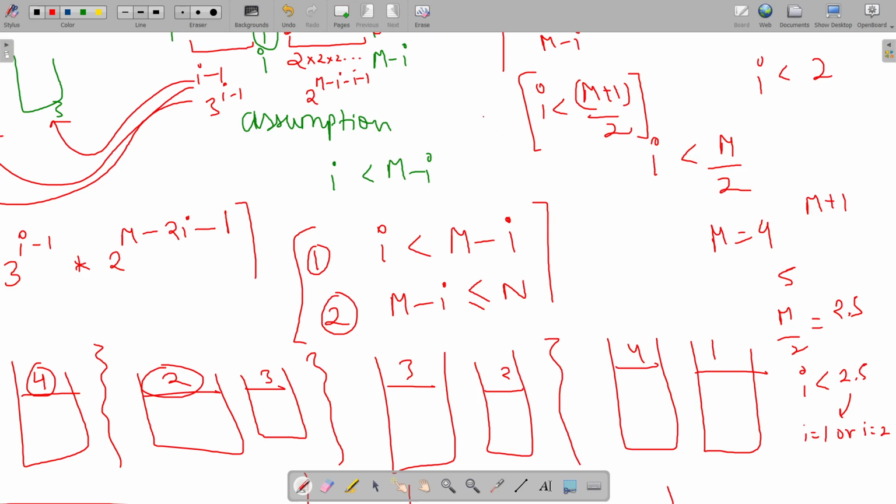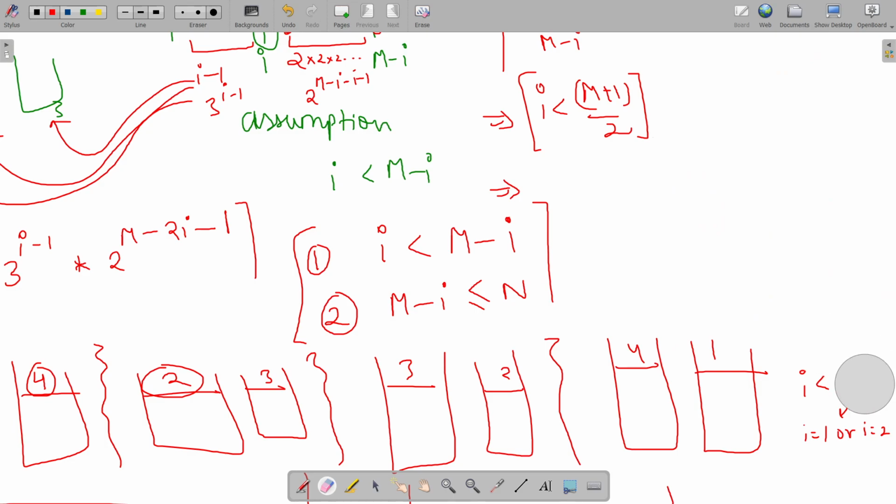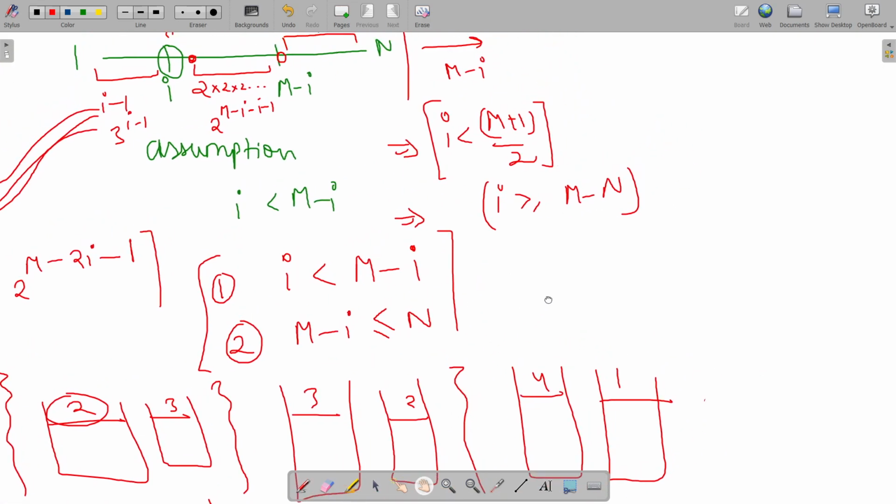Okay. So this is the first constraint, and let me erase the part to the right so that it's a little bit clear. The second constraint is m minus I should be less than or equal to n, which is very obvious. Otherwise, the term will lie ahead of n and you cannot take it. So that means I needs to be greater than or equal to m minus n. Okay. So this is basically the range of x.